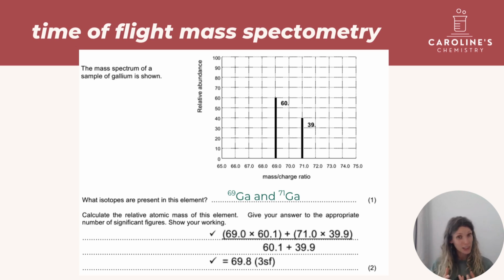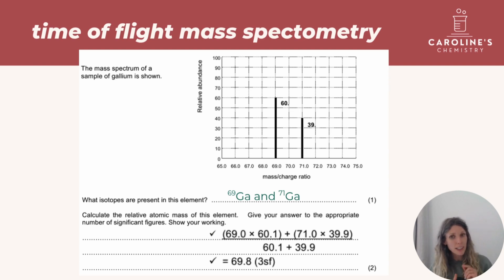We then add that to the mass of the second isotope, 71, multiplied by how much we have of it, 39.9. Then, once we have the total mass of all of those isotopes, you divide that by how much of the isotopes we have in total. So those are the relative abundances added together, the 60.1 and 39.9. That gets us to our overall answer of 69.8.